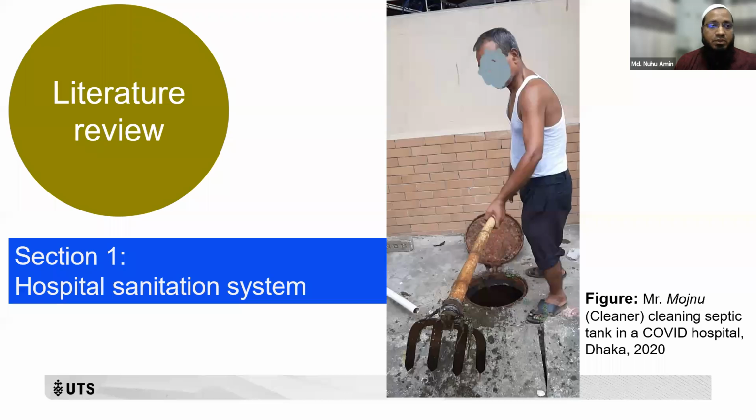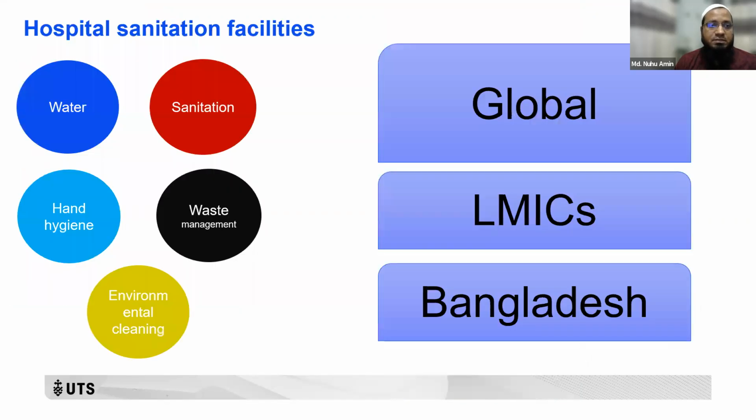So let's start with the literature review of the hospital sanitation system. WASH in healthcare facilities usually covers 5 parameters: water, sanitation, hygiene, waste management, and environmental cleaning for the hospitals.